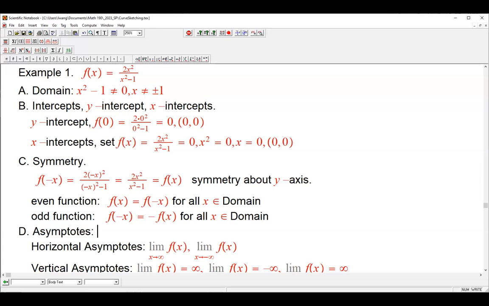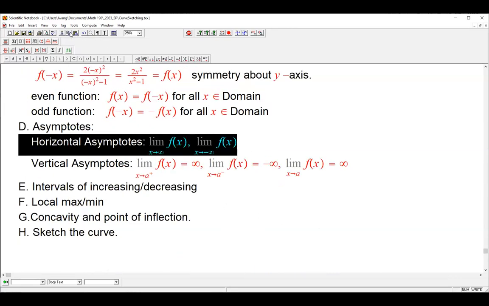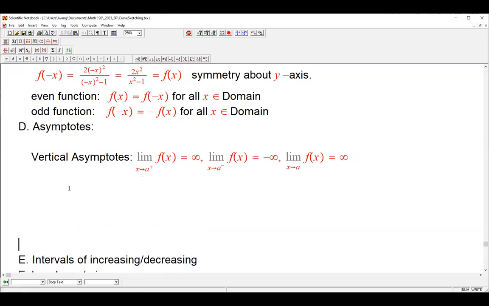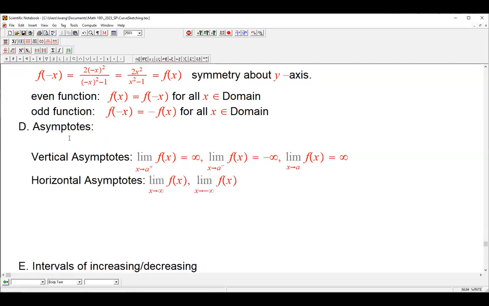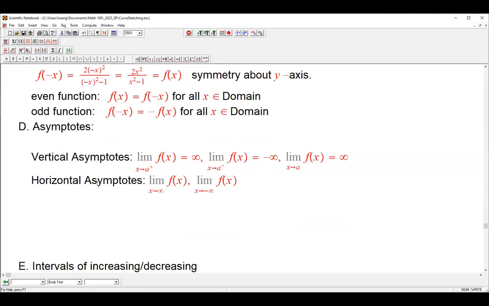Next, asymptotes. We do have some vertical asymptotes here. Let's first look at vertical asymptotes, and then we're going to look at horizontal asymptotes. For vertical asymptotes, we think about which numbers cannot be in the domain.